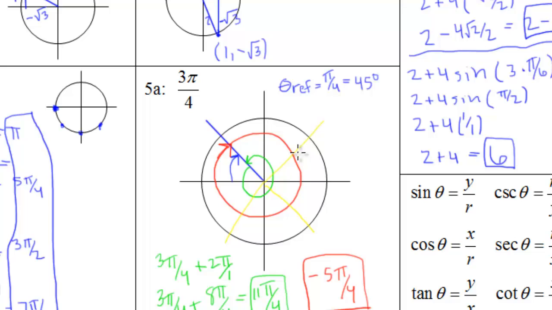And if you went in the positive direction all the way around and back here again, that would be 11 pi over 4. So it would be 1, 2, 3, 4 pi over 4, 5 pi over 4, 6, 7, 8, 9, 10, 11 pi over 4. So you can do a little quick check to make sure that those do in fact lie in the same place.